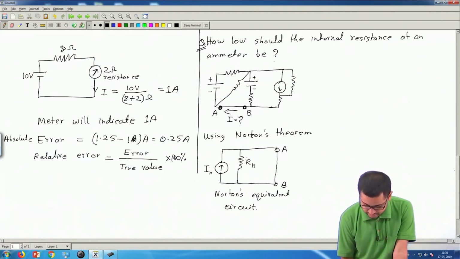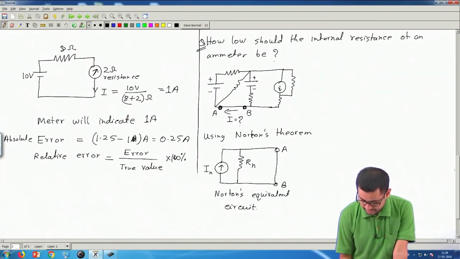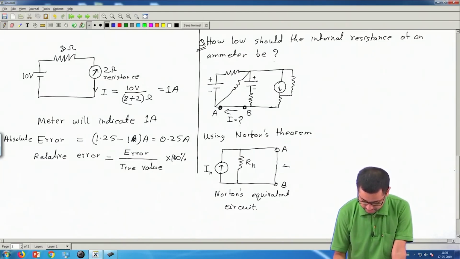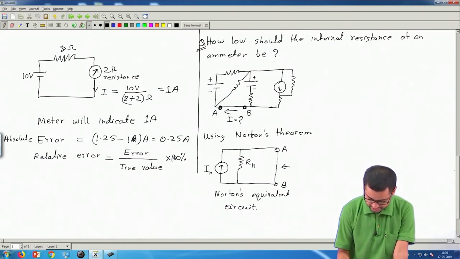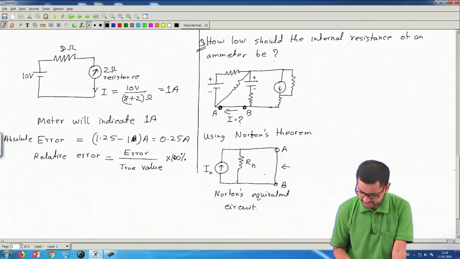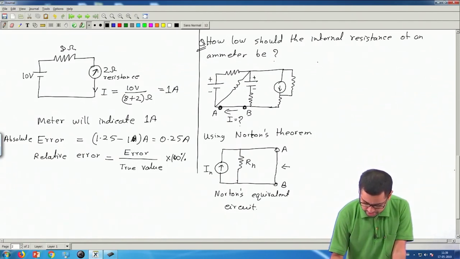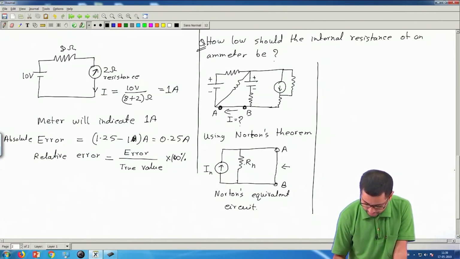And this is the resistance R n as seen from the perspective of these two terminals A and B. Okay. So, this is the internal resistance of this circuit, R n, Norton's resistance. This is also the same as Thevenin resistance. Okay. Now, we will put the ammeter there.